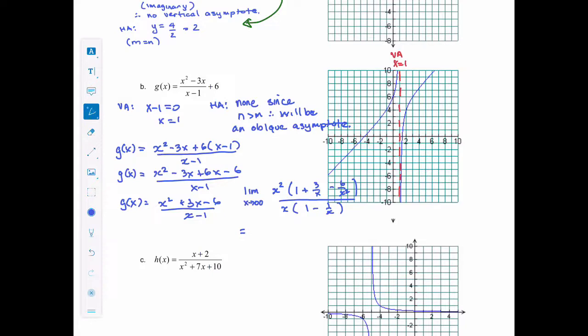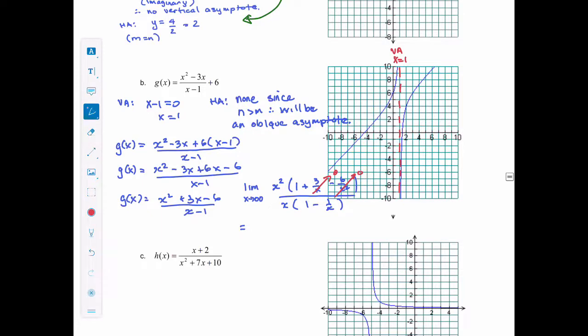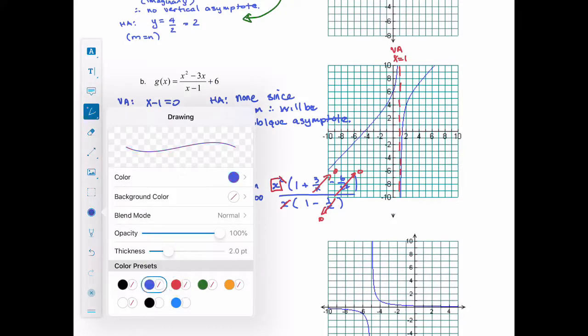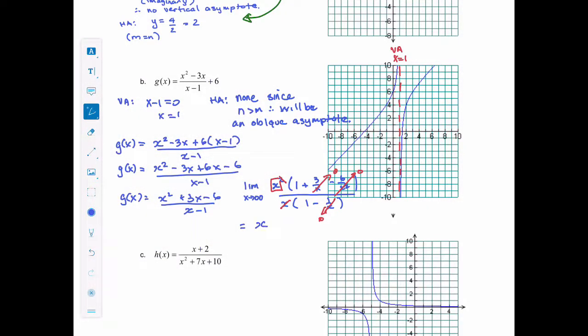We're going to plug in a value for x that's really big: 1 million, 10 million, whatever the case is. And when we do that, what we're going to notice is that's going to approach 0, that's going to approach 0, and that's going to approach 0. So what's left? Oh, we can also cancel out an x with the x up here. So all that's remaining is really x. So when we simplify all this, we get x as our oblique asymptote.